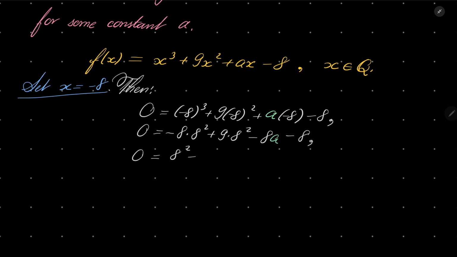So 8 squared minus 8 equals 8 times a. We can divide by 8. So we have a equals 8 minus 1. Is it right?